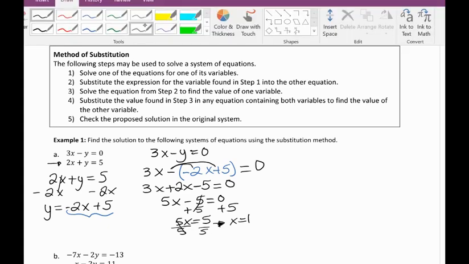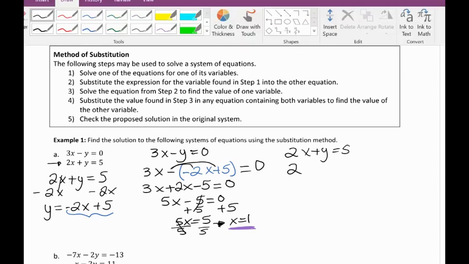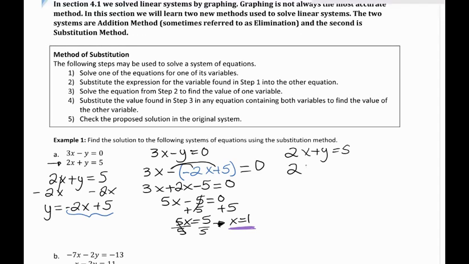Okay, now that we found the value of x, we can find the value of y by plugging it into any of my two original equations. So we have 2x plus y equals 5. So we have 2 times x, but now we know the value of x is 1.